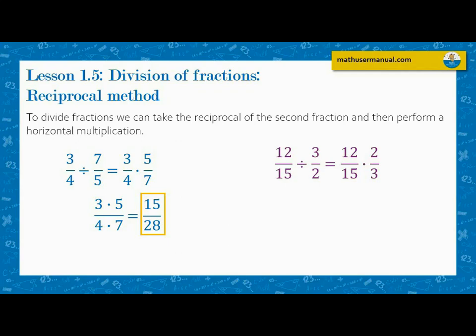Okay, multiplication of fractions. Multiply the numerators, multiply the denominators. One more time, this is lesson 1.2 if you want to review it. 12 times 2 is 24. 15 times 3 is 45. This is the reciprocal method. This is how we solve division of fractions.